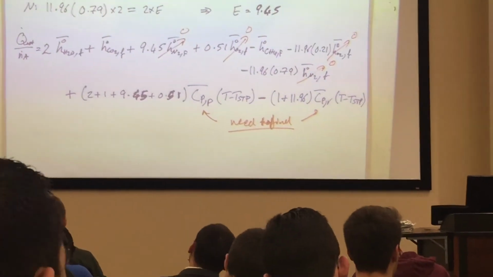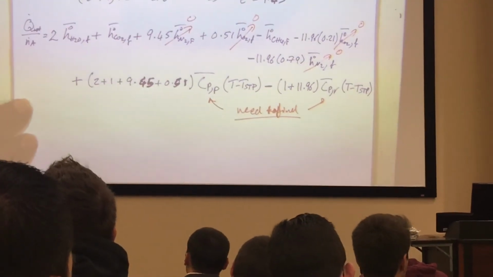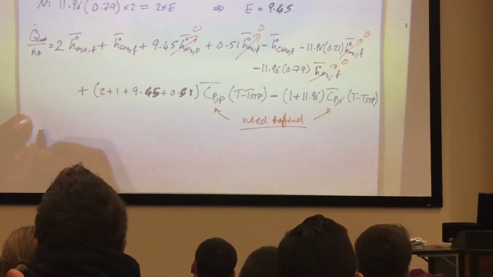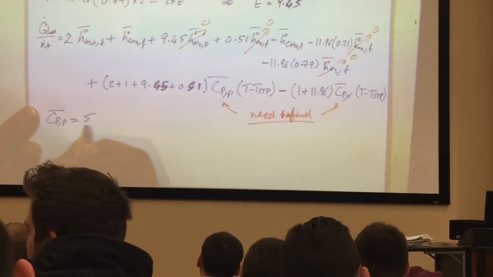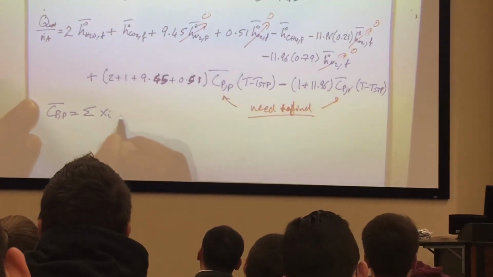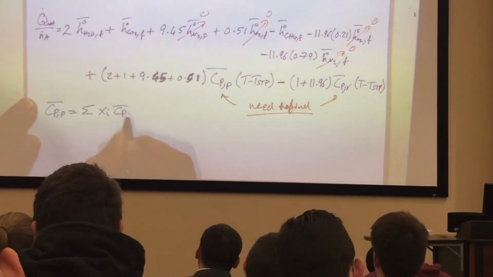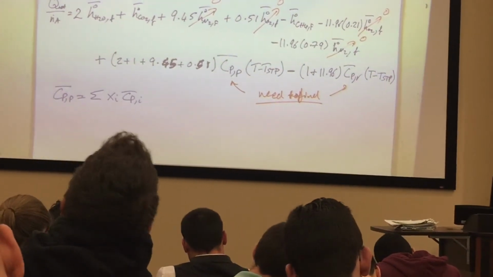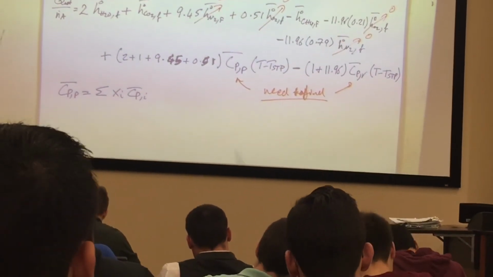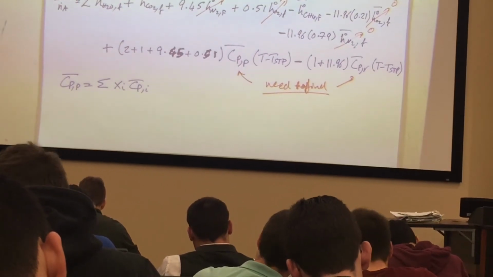Okay, so to get our CPs, how do we get our CPs? CP of the products is equal to the sum of all mole fractions multiplied by the individual species CP. Right? We already did this 2 lectures ago, so I need to know my mole fractions.